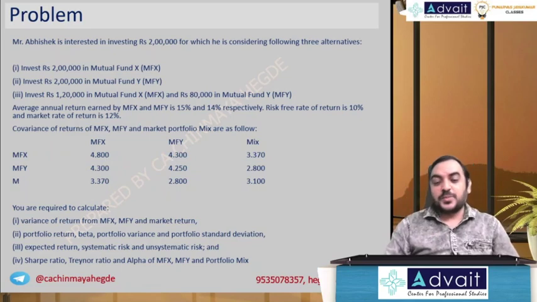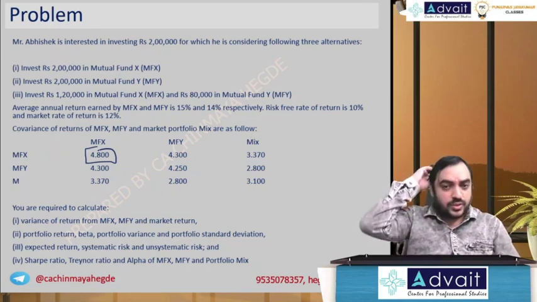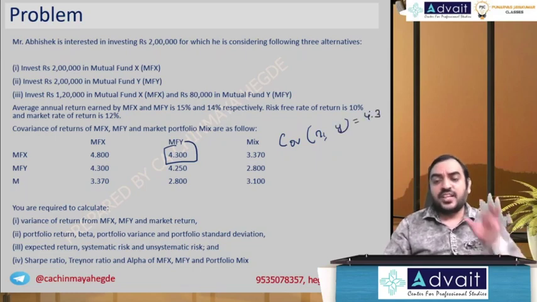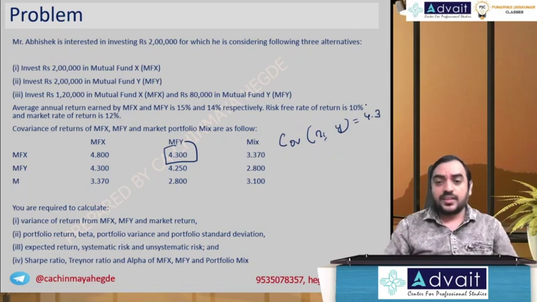Okay, now here comes the important thing. Now please tell me, what do you understand by this? I'll tell you, simply try to respond. 4.3 is covariance between X and Y. Covariance between X and Y is 4.3 given. Very good.